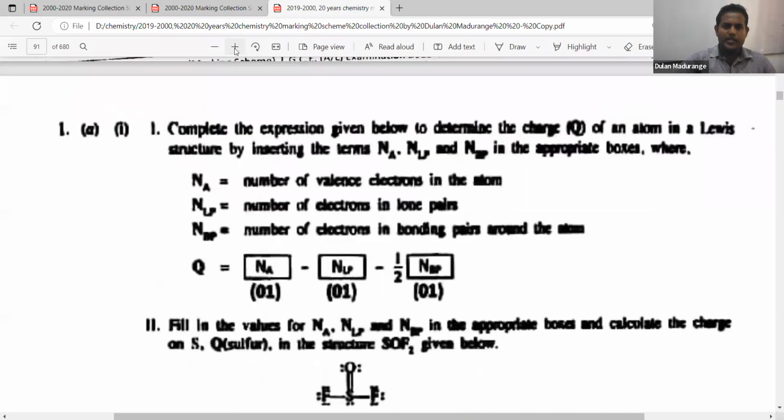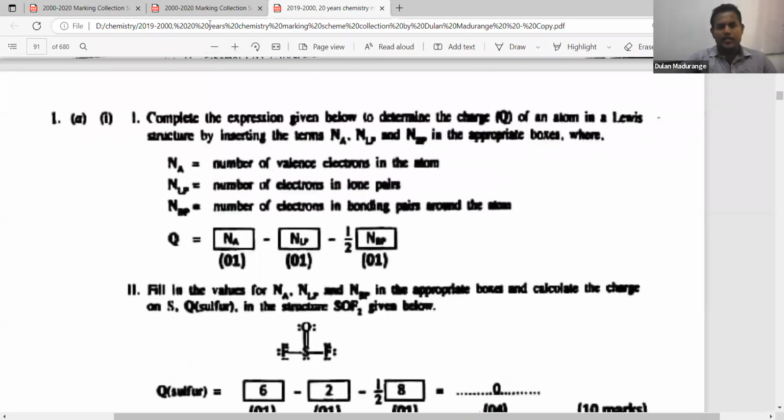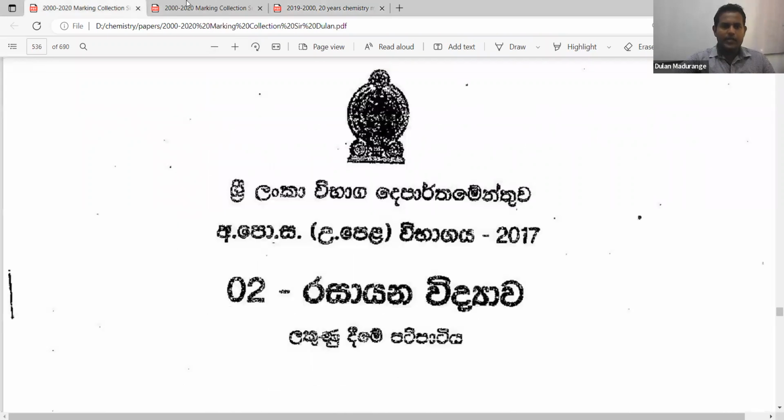Let's check the answers. Here they're asking to complete the expression.